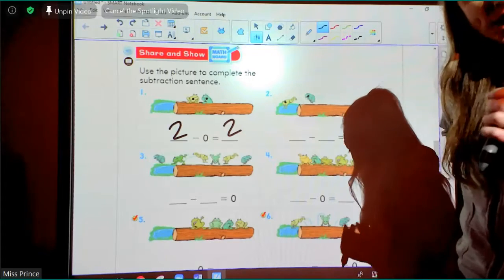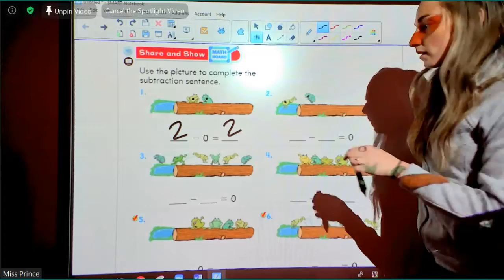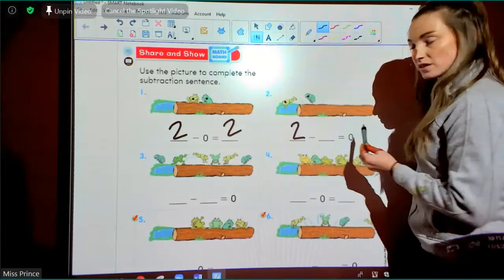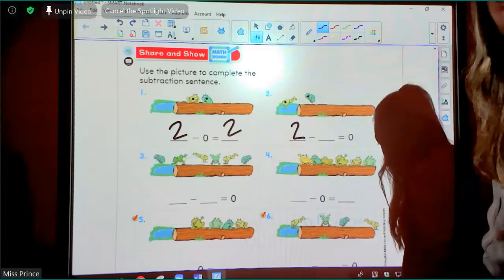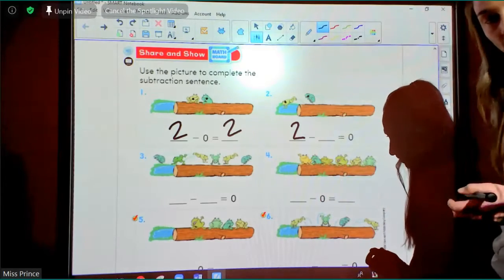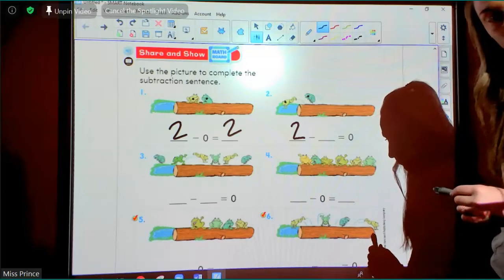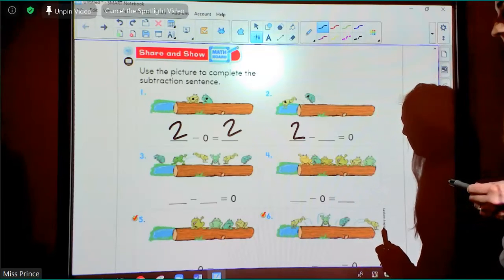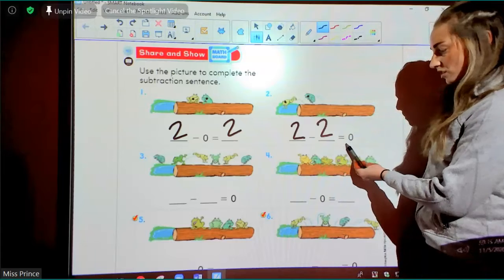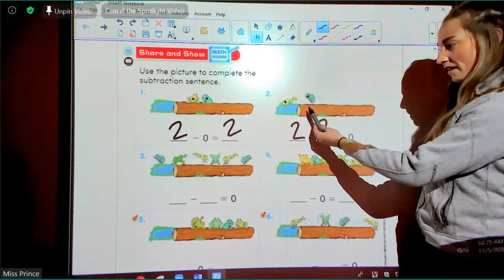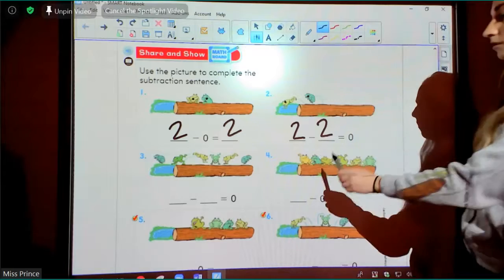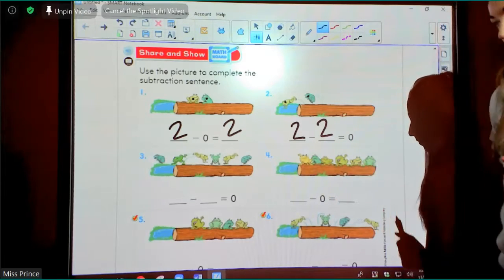So when we subtract, we start with the biggest number. I see 2 frogs, so we're starting with 2. But Alakai says that 2 frogs jumped off. So how many do we take away, Alakai? 2. And the problem says we should have 0 left over. And that's true. There aren't any frogs left over on the log. So 2 subtract 2 equals 0.